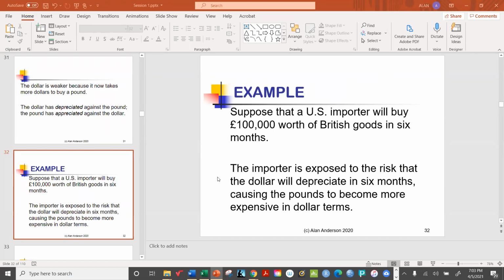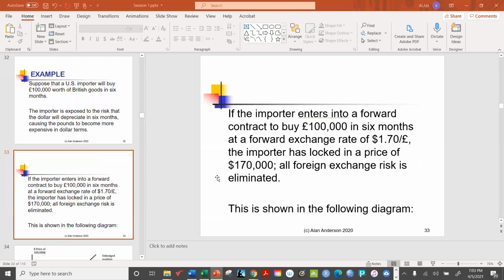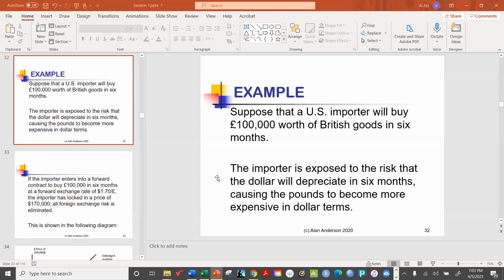All right, now think about this situation. What if I'm a US importer and I'm in the habit of buying British goods and then reselling them in the United States? In 6 months, I know that I will need to buy 100,000 British pounds because I've ordered all this merchandise from England that I want to sell in the United States.